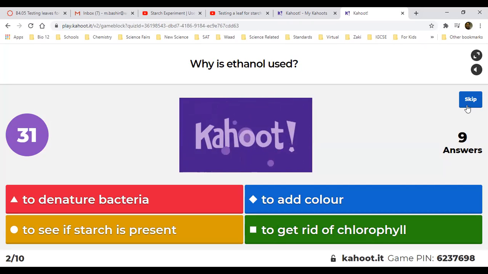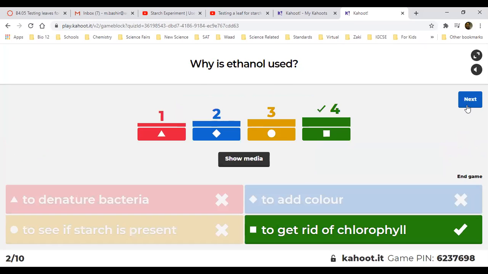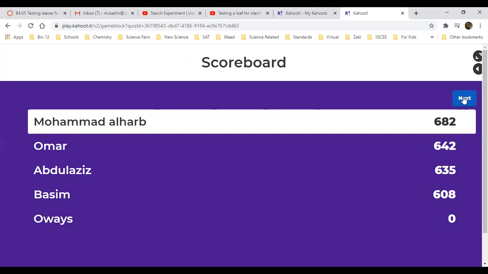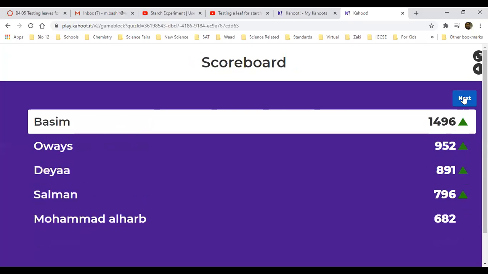So we have 9 answers. All right, the right answer is to get rid of the chlorophyll, the green color. Good job. So who's on top? Okay, Basim is doing excellent, mashallah.